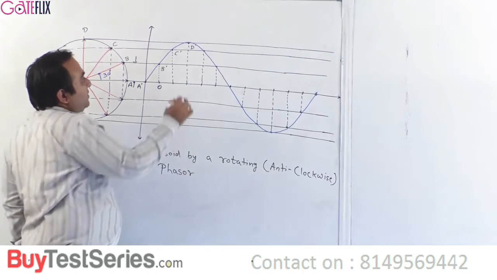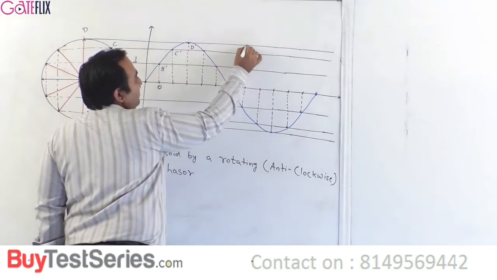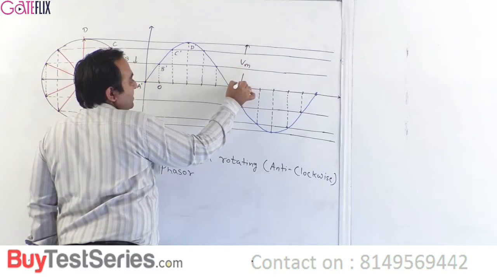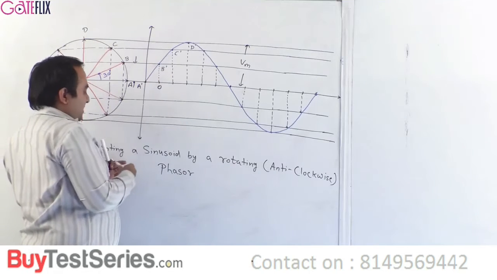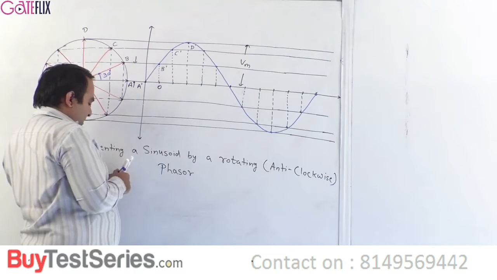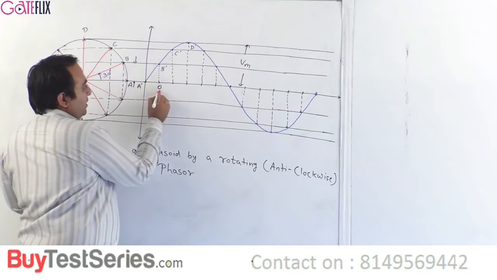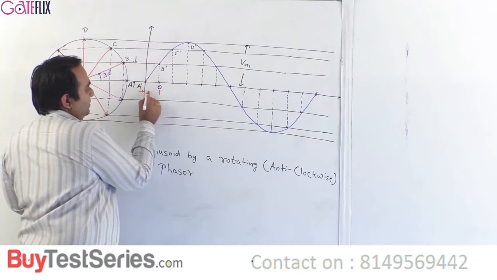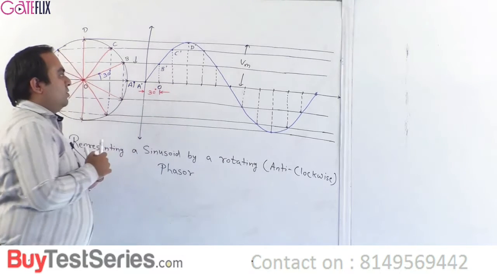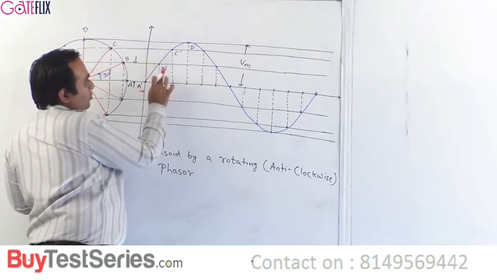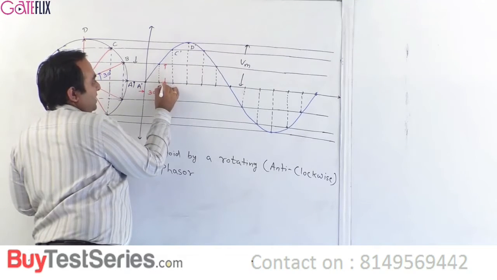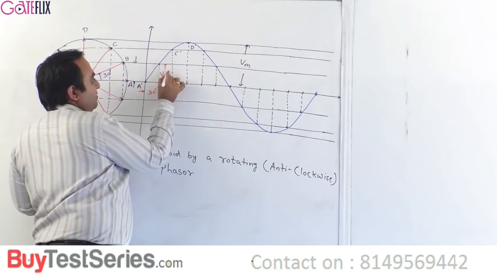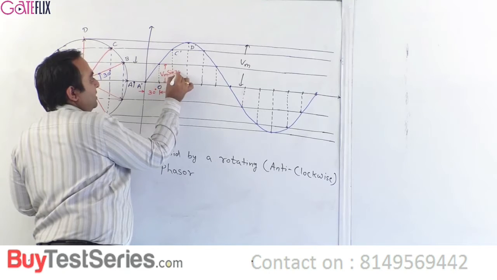If this height is Vm, then this OB dash, as you can see this angle is 30 degrees, will be Vm sine 30 degrees.